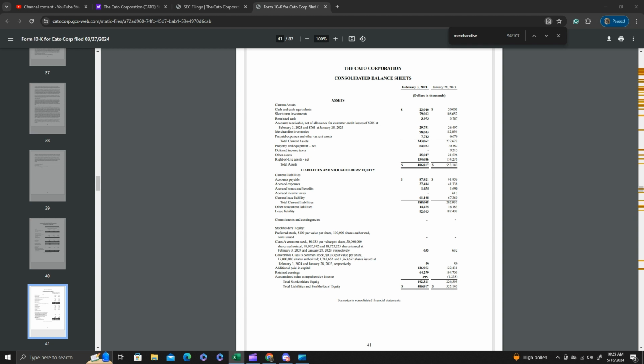Let's get this. PP&E. Deferred income taxes. 0. Okay. Other assets. Right of use assets. Alrighty.